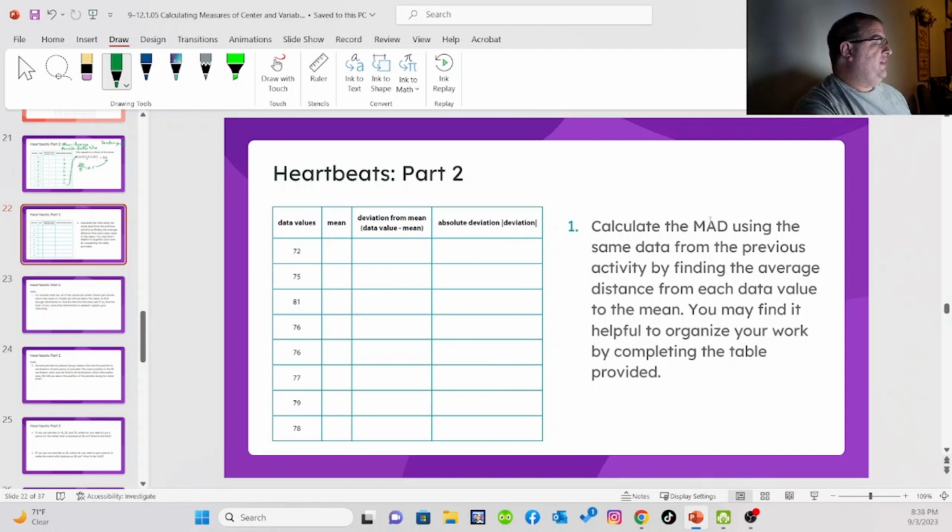Then we can calculate the mean absolute deviation from this last column. So the very first thing we need to do is add all of these data points together.